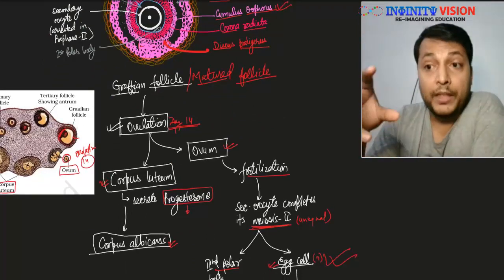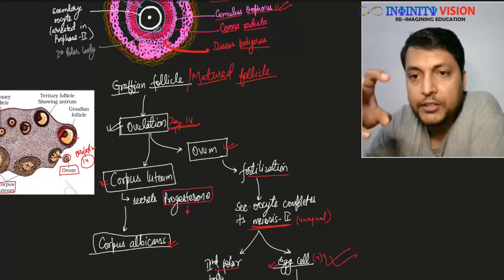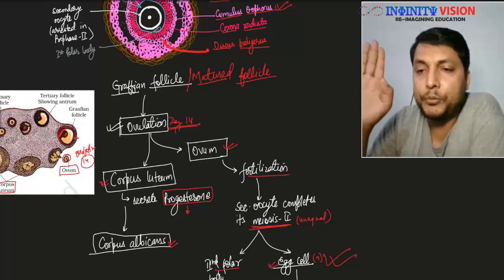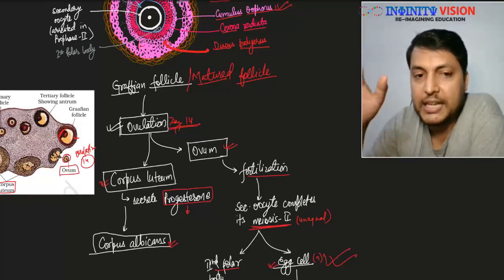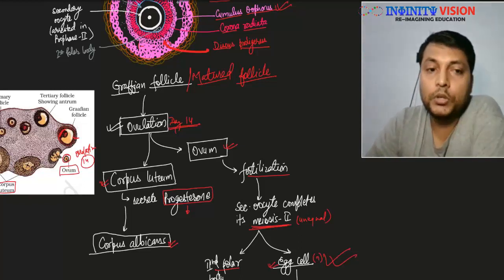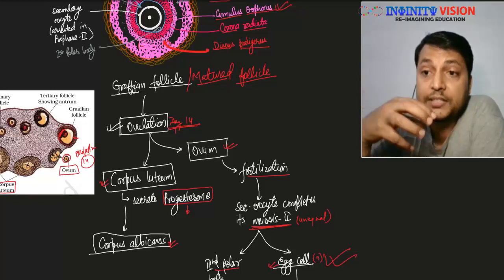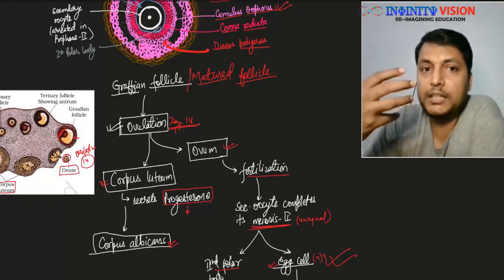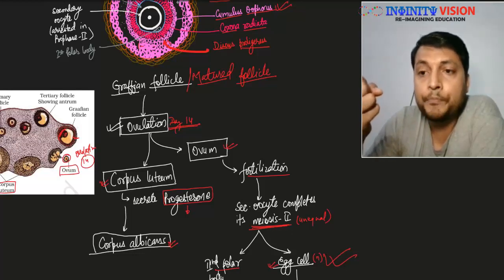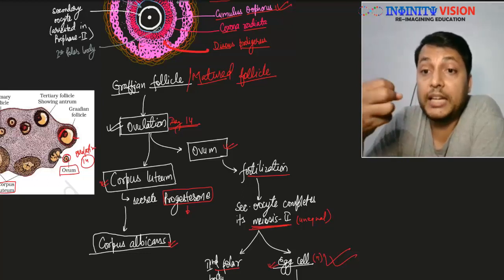Great. Now, once this ovum is released from the ovary, it will be captured by the fimbriae of the fallopian tube and it will enter into the ampulla. Okay, first infundibulum and then ampulla, it will go on. We will see that part later. Now the part of the Graafian follicle which is left in the ovary, mainly consisting of follicular cells and the stromal cells, will transform into corpus luteum, which is a type of endocrine gland.